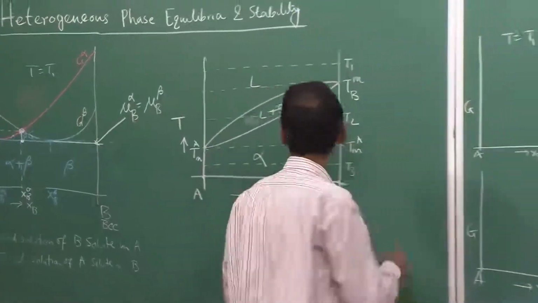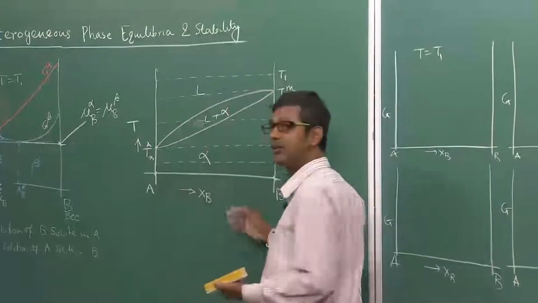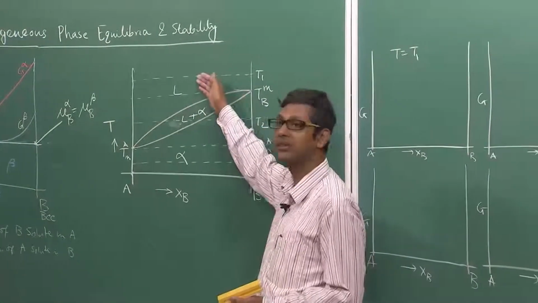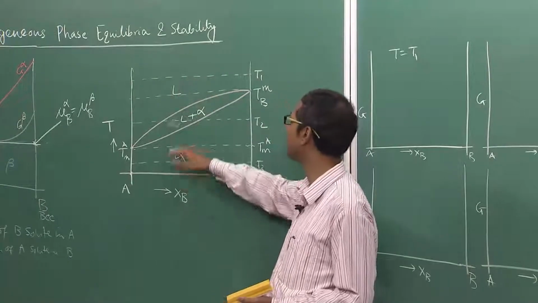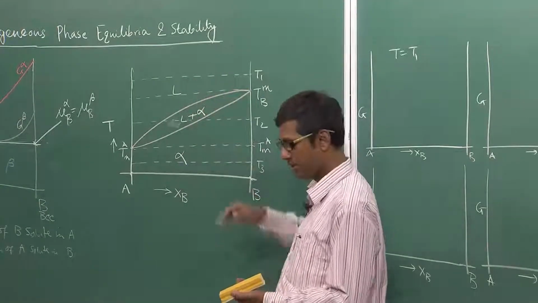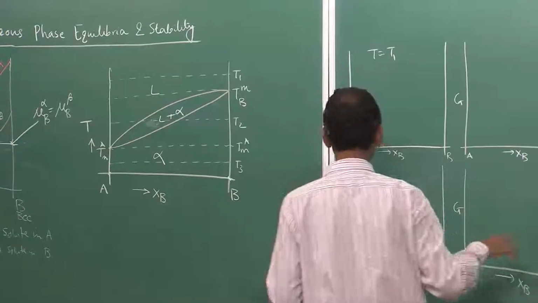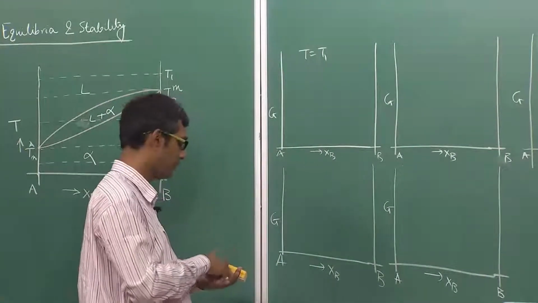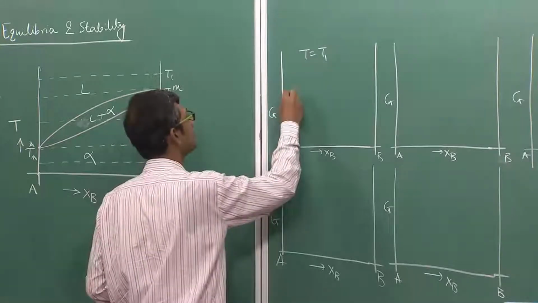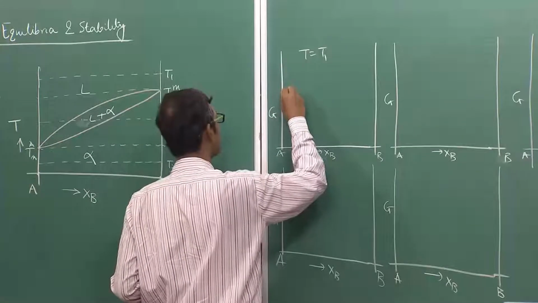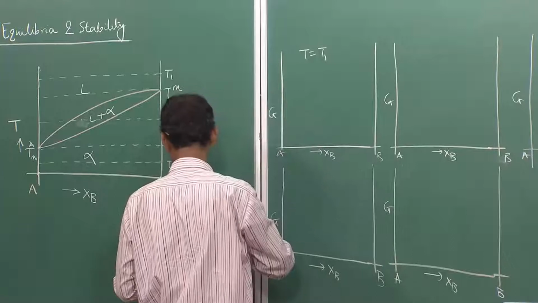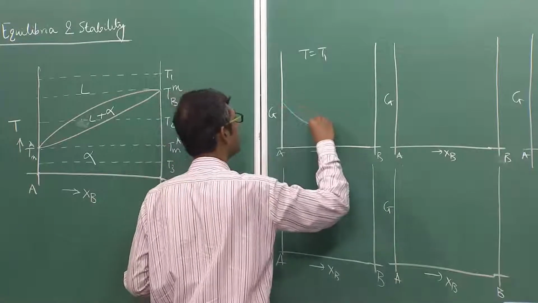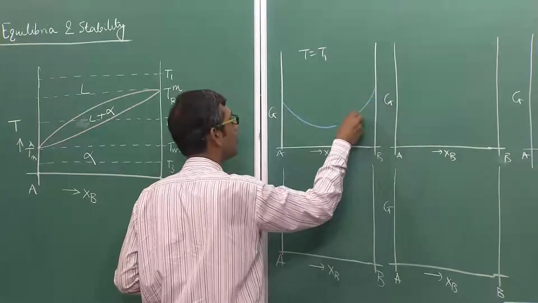So obviously at temperature T1 liquid is the stable phase. You can see here alpha is not stable at all. That means at all compositions from A end to B end, the liquid free energy curve will be lower. So I am drawing liquid using a blue color.